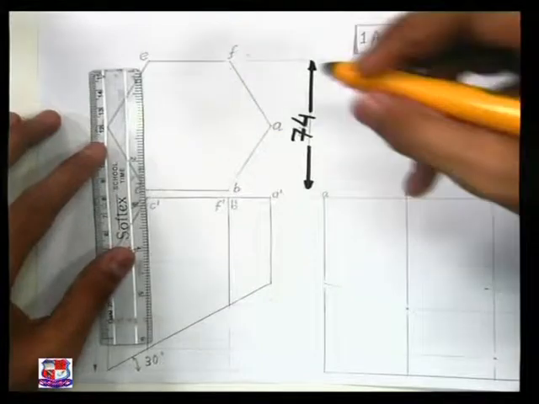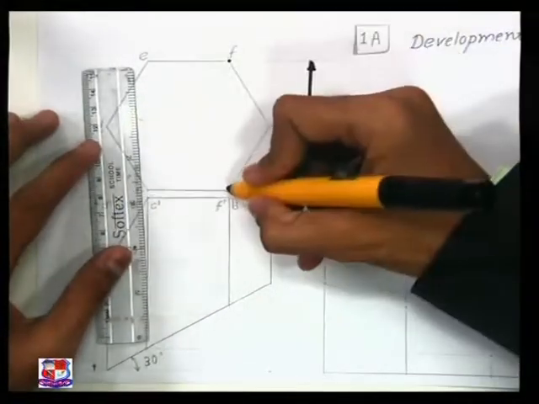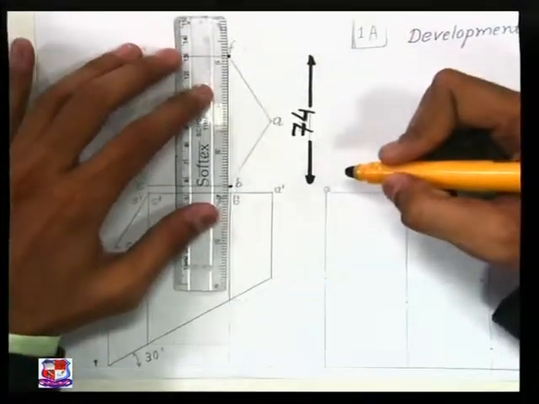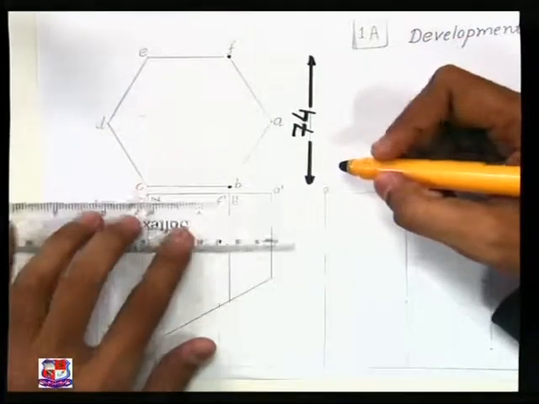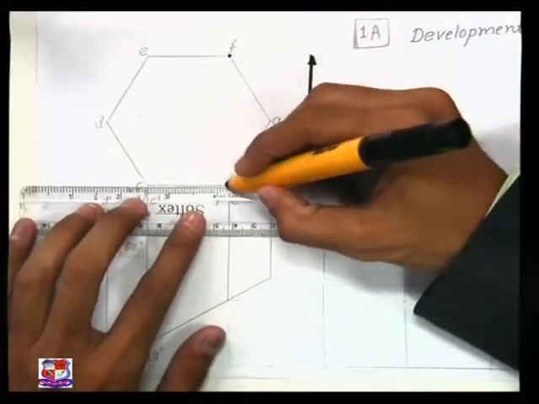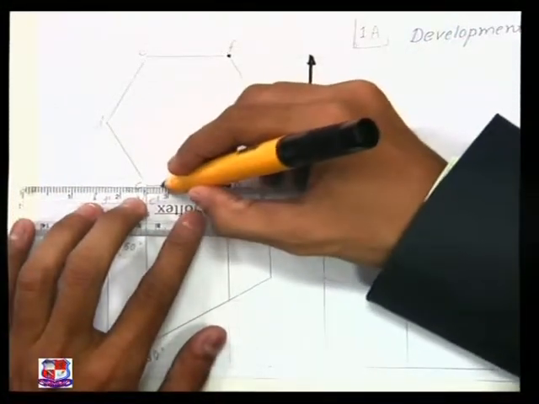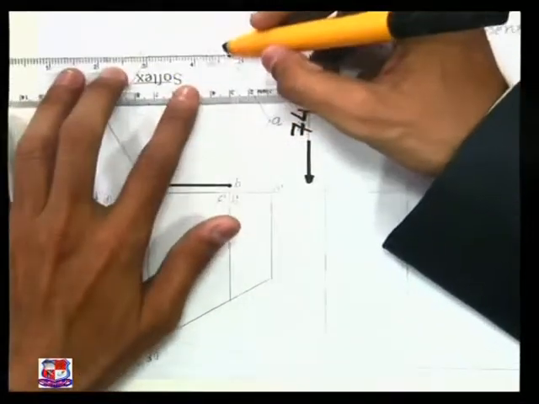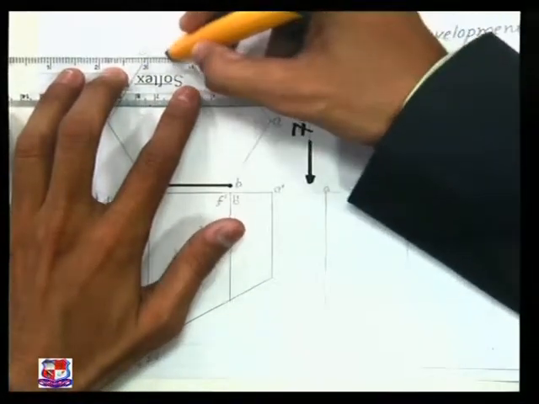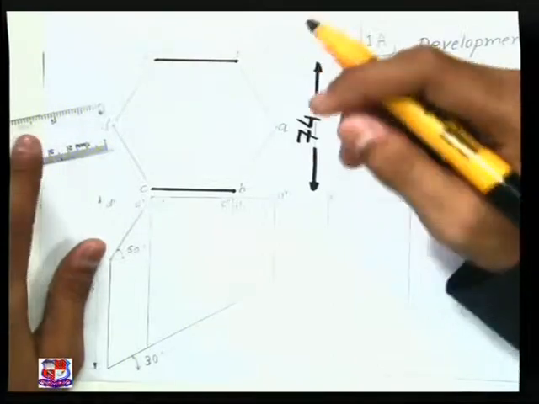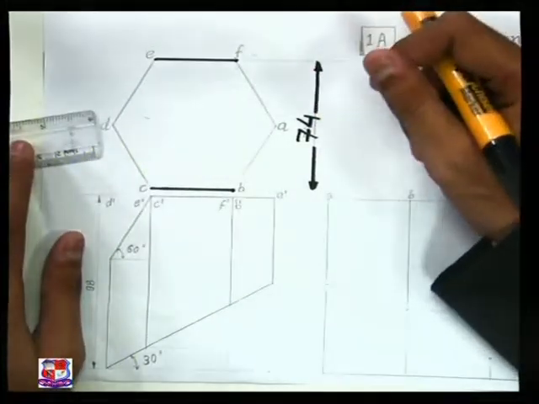We have to pick up any one point. Suppose this is the first point. On this vertical line, pick up 2 points, and from these 2 points draw lines of any convenient length. We don't know the length of this line. We just know the distance between these 2 points, which is given as 74 mm.